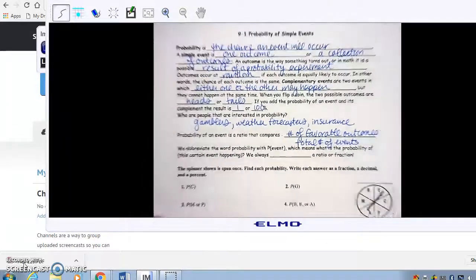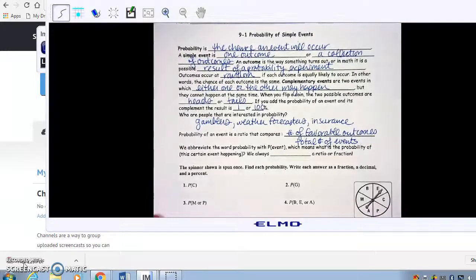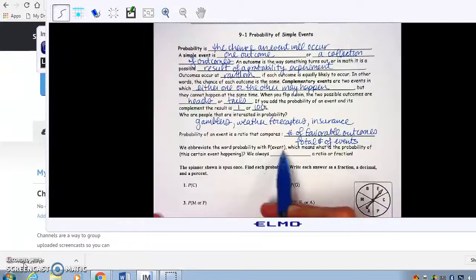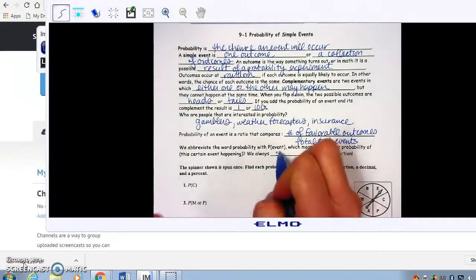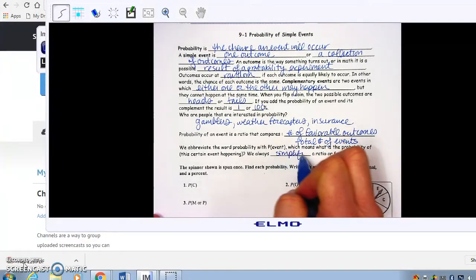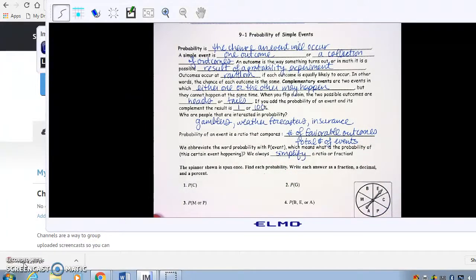When you see problems in probability, you will see this abbreviation. P stands for probability, and then you'll see parentheses and the events that we're hoping will happen inside the parentheses. Once again, which means, what's the probability of this certain event happening? As always with fractions, we always simplify a ratio or a fraction.